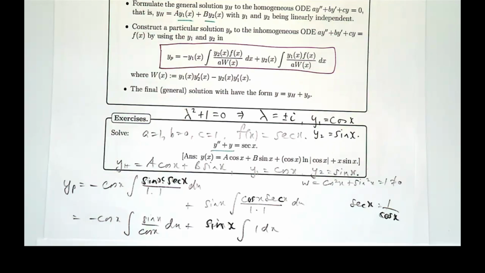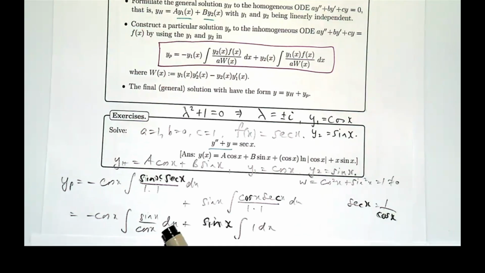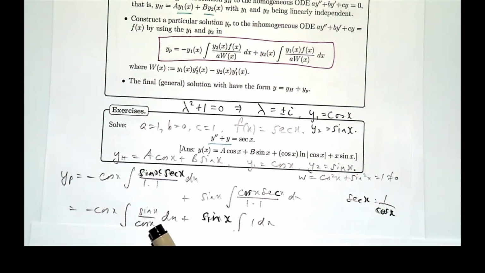It's kind of the derivative. They're the derivatives of each other up to a minus sign. Okay? So who can tell me what this integral is going to be? The first integral. Second integral is easy. What's the first one going to be? Who can tell me?